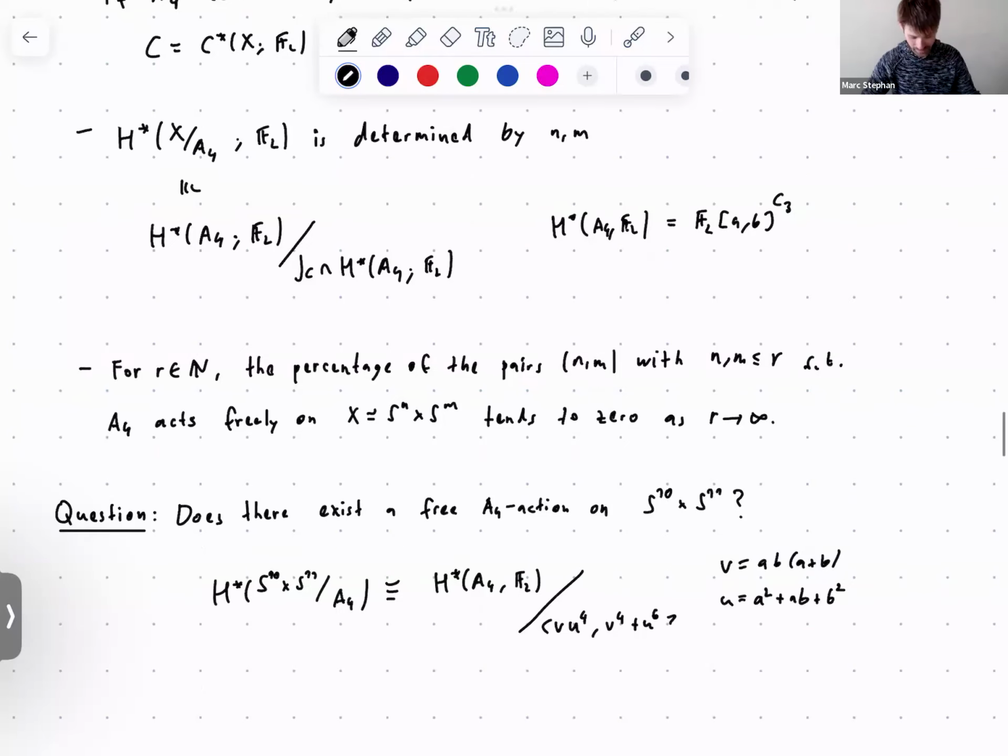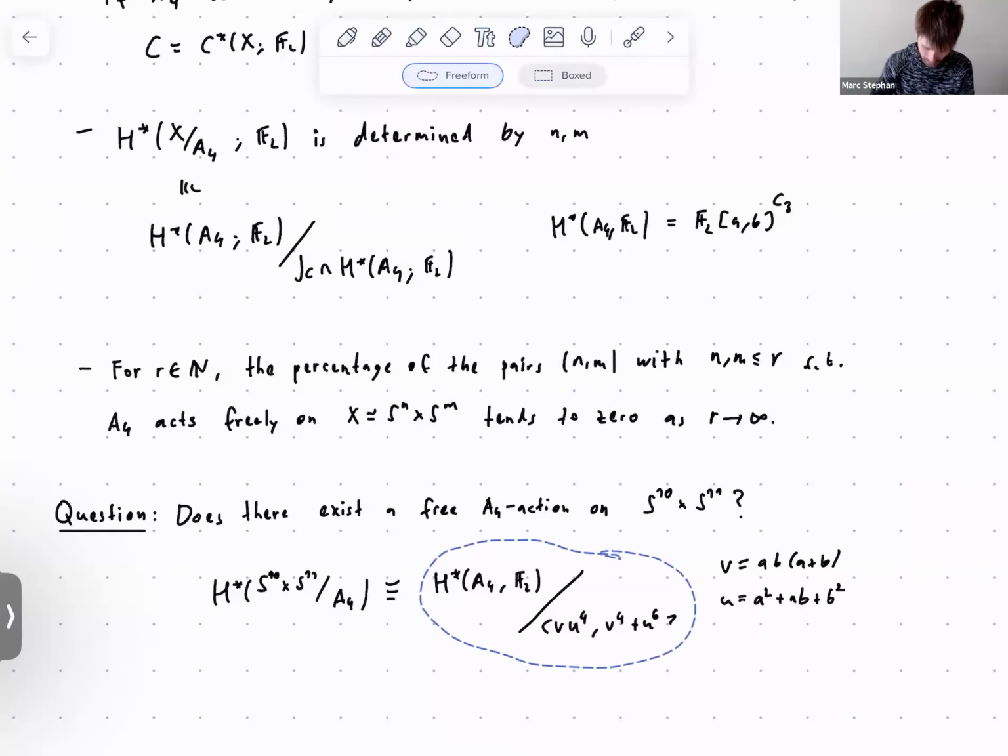So we have no idea if there exists a free A4 action on S10 cross S11. We don't know either if there is a space that has this homology ring.